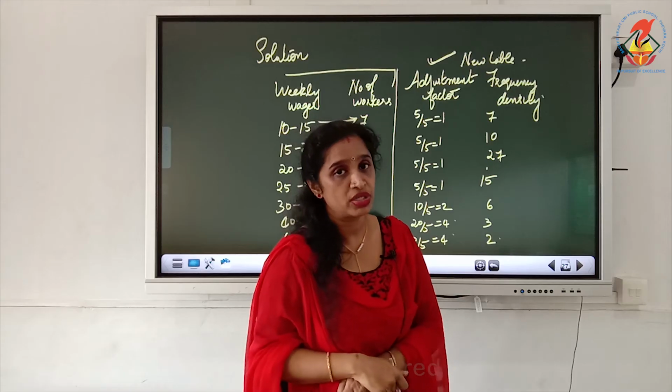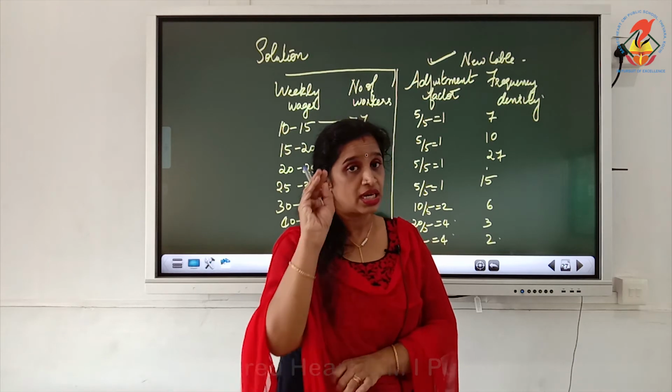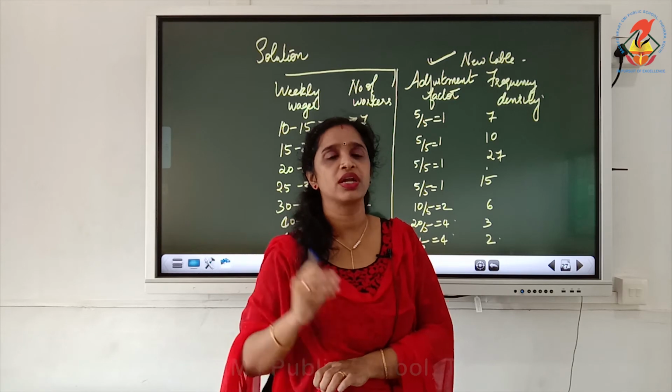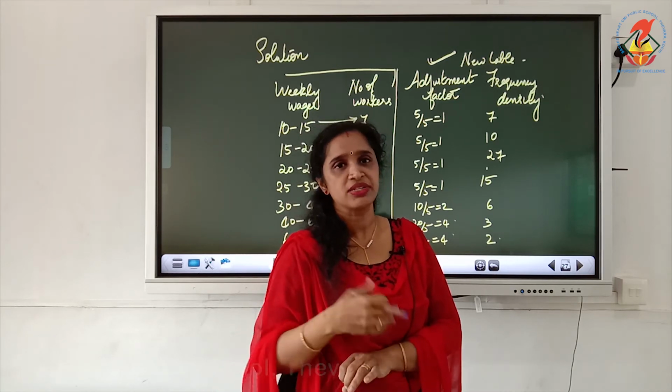Now how to find out the adjustment factor? Adjustment factor is the class interval of the concerned class divided by the lowest class interval. Which is the lowest class interval here? Definitely it is 5.